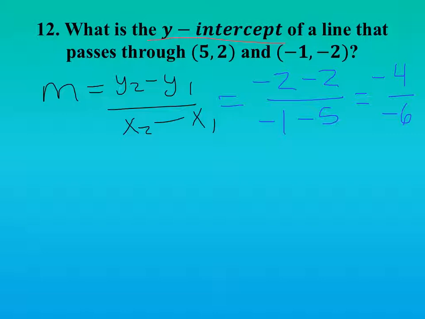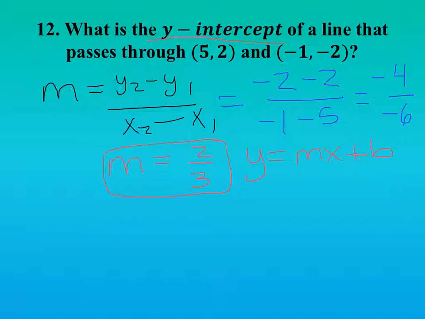And then we reduce. Negative 4 over negative 6, well, negative divided by a negative will give me a positive. 4 over 6 will reduce to 2 over 3. So now I have my m. So think about our slope-intercept, y equals mx plus b.